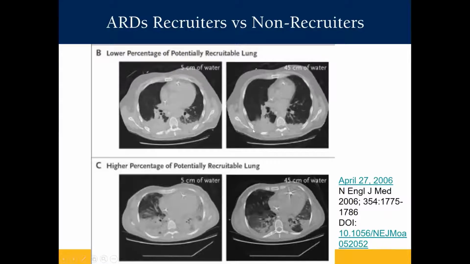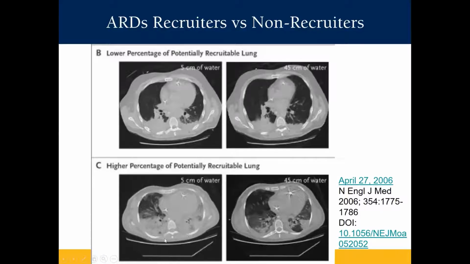So there's still some atelectasis, or it's still much more dense. So this patient is not showing that their lung units are what we call recruitable.